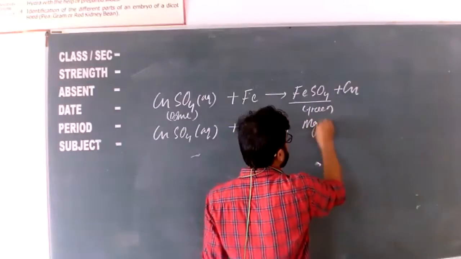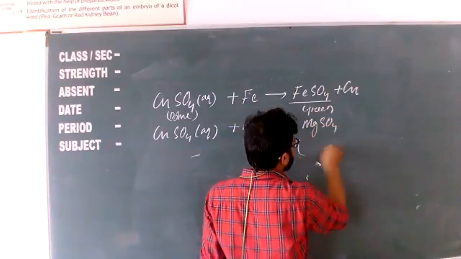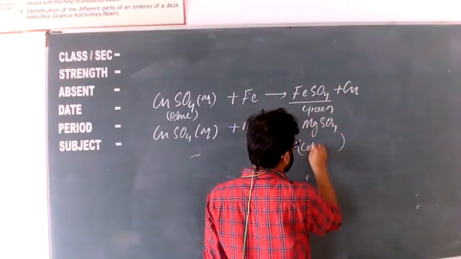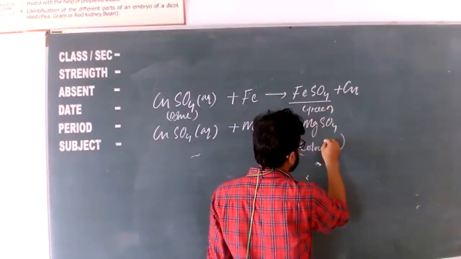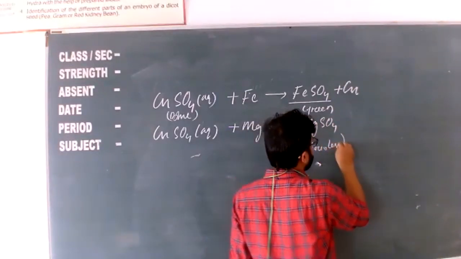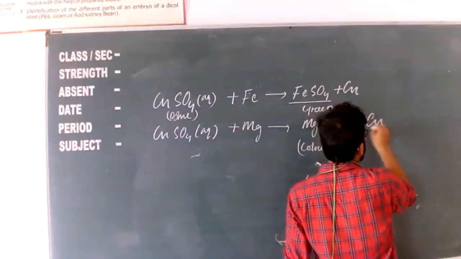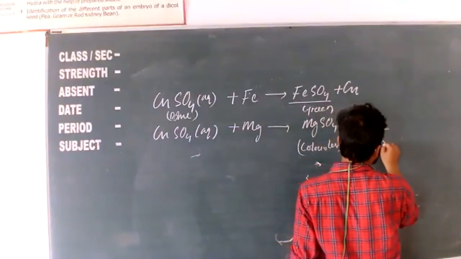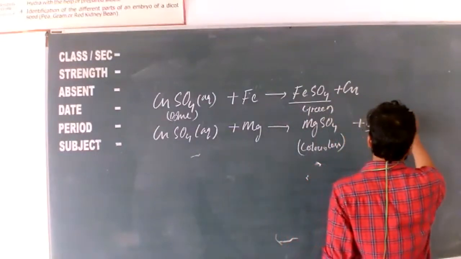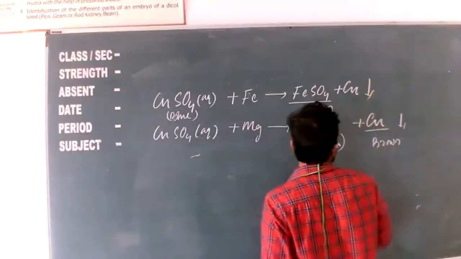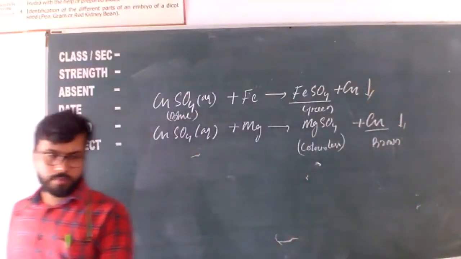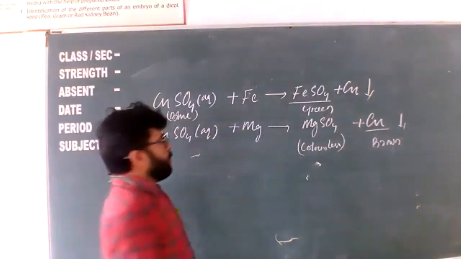Magnesium sulfate is colorless, and copper is a shiny brown deposition. Understood?